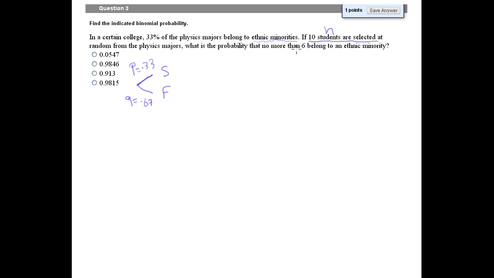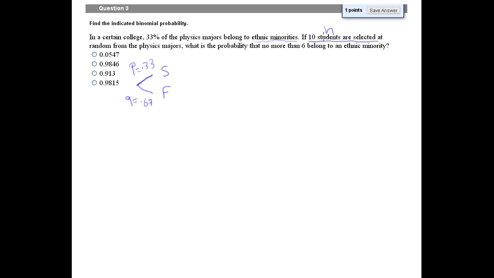Is this independent? Yes, it is. Why is it independent? Because the 10 students are selected, and we don't know from how many. We didn't select 10 from 100 or from 200. We selected this from an unknown large population of students.